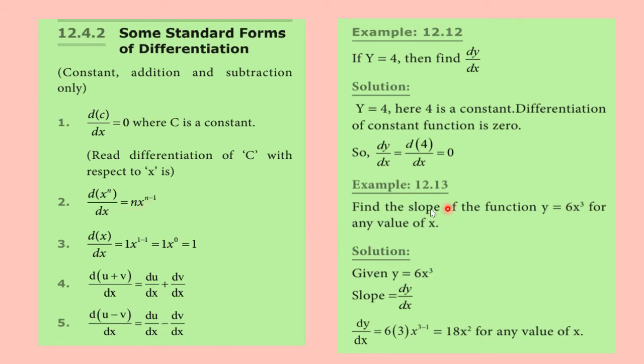So look at this problem. Example 12.13. Find the slope of this function y is equal to 6x power 3 for any value of x. So they are asking us to find the slope for this equation. Slope means differentiation.